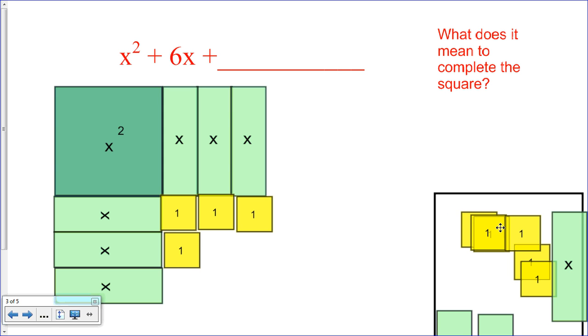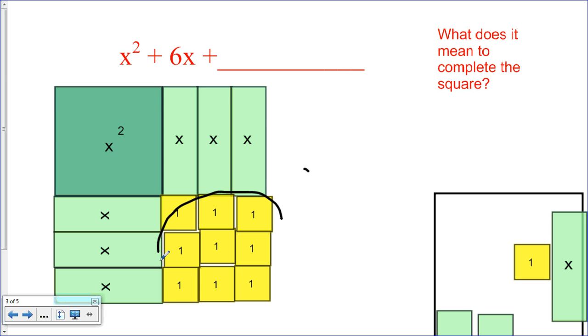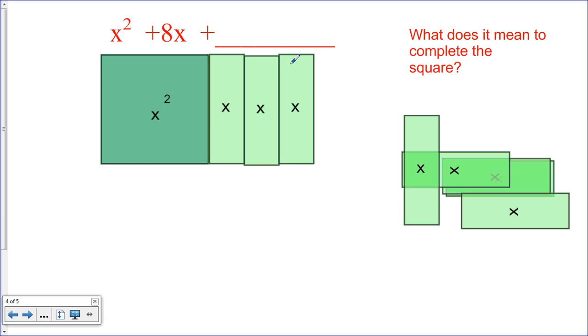Well, it looks like I need a total of 9 of these to complete my square. So now I know that in order to make my square a perfect square, I need 9 of these to complete it. Okay, let's go on to the next one.